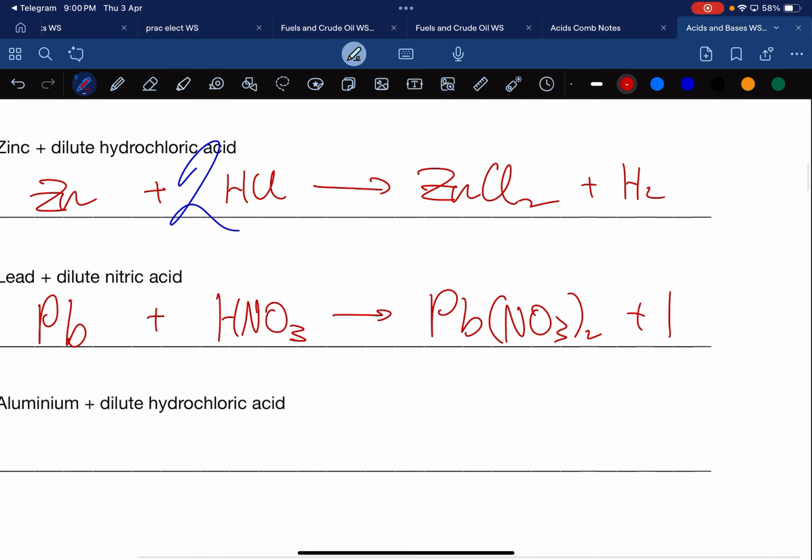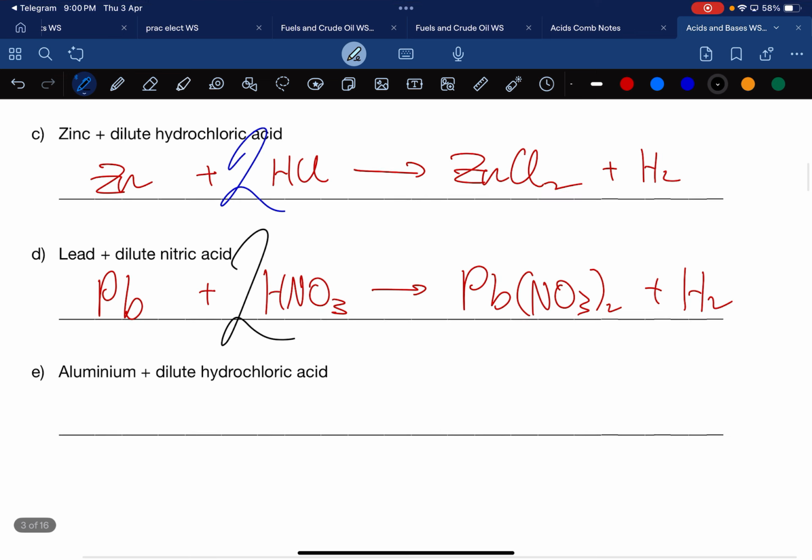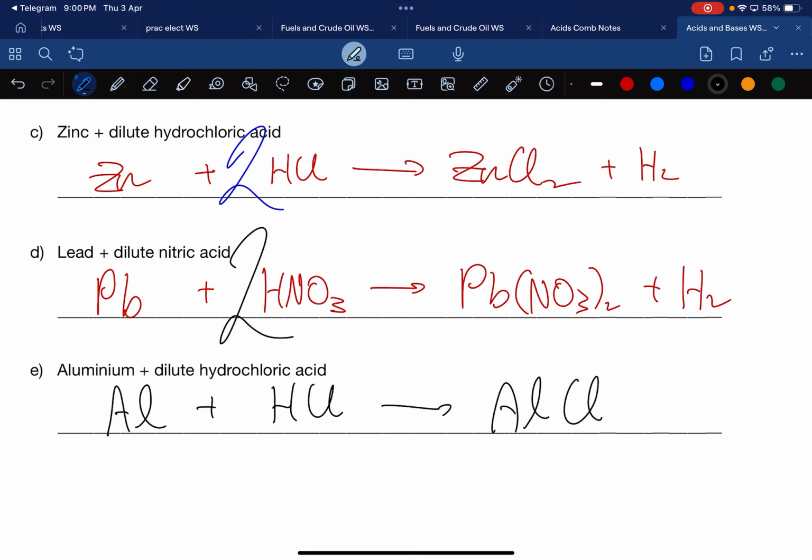Okay, and then I have H2 to balance, put a 2 here. Following? Last. Aluminium, HCl. You get AlCl3. Again, don't need bracket, Darren. Yeah? Okay, because 1 element only, and hydrogen.